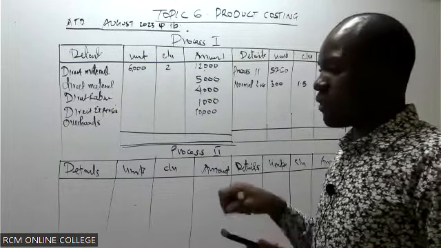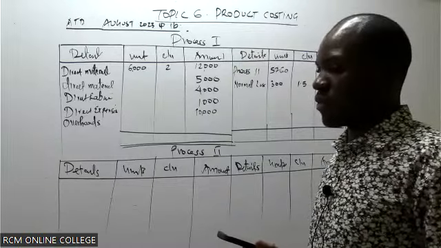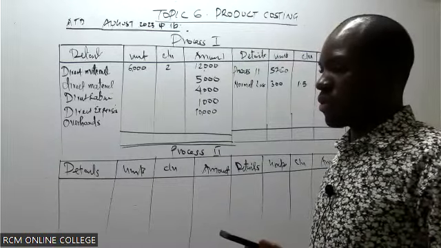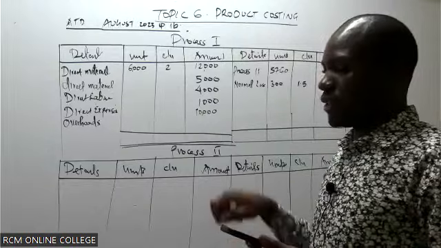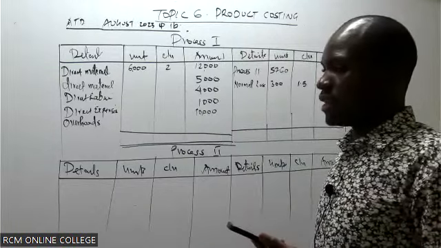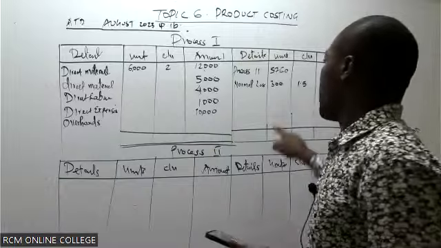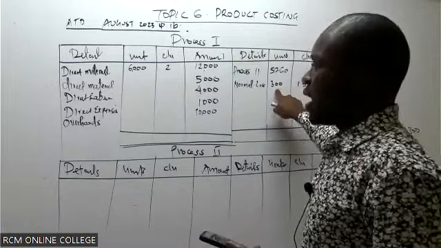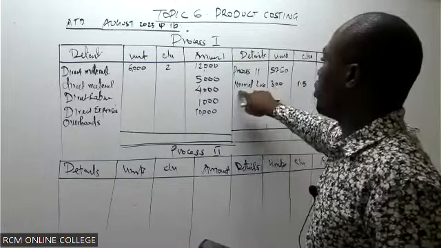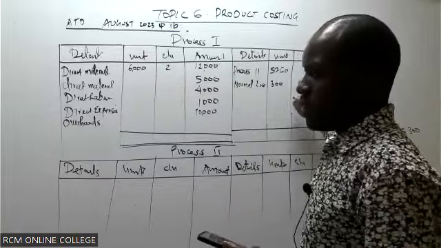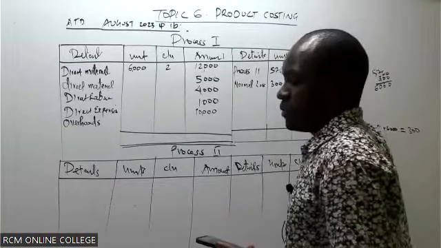Florence, what is 5% of 6,000? What do you get? 300. And the scrap value per unit of the normal loss is 1.5. If you multiply, you are getting 450.